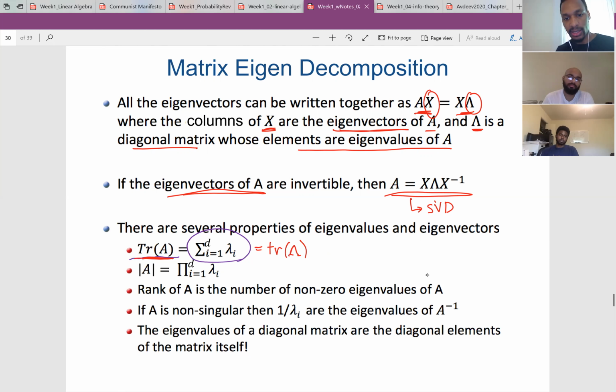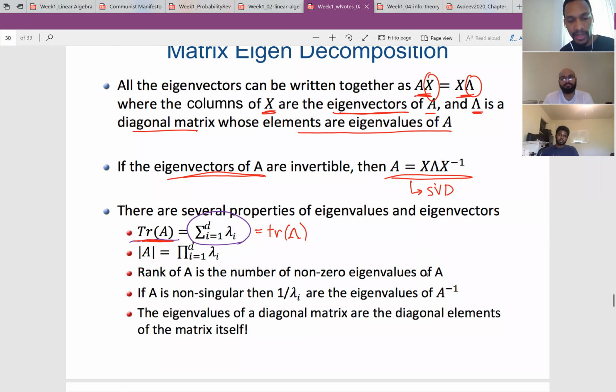True. And then the determinant of A is equal to the product of these eigenvalues.